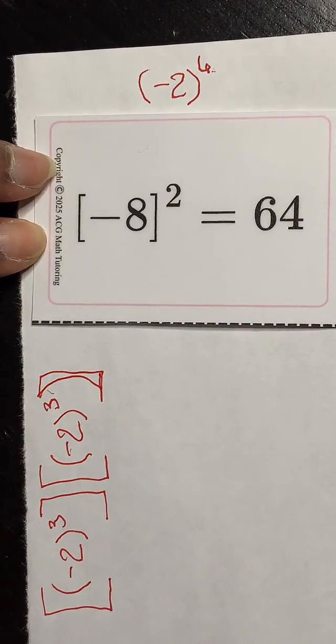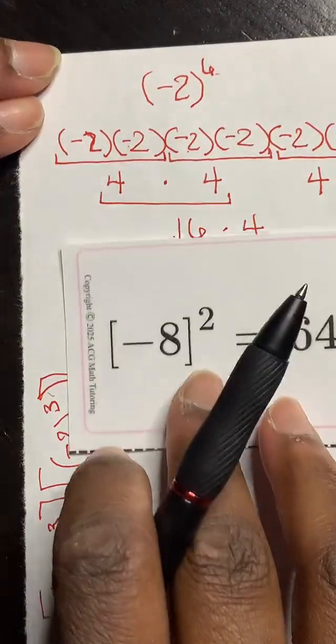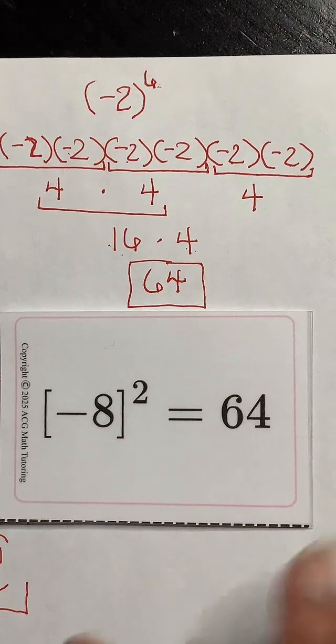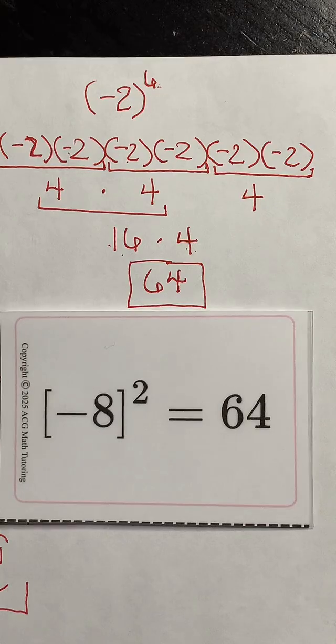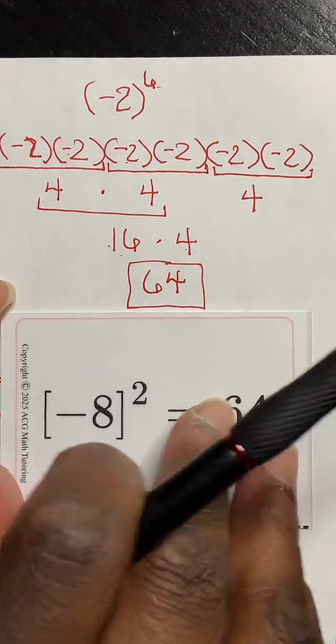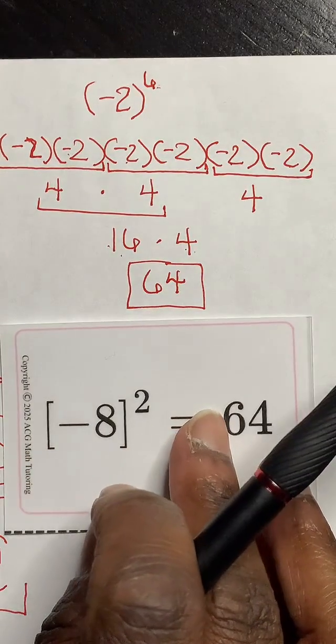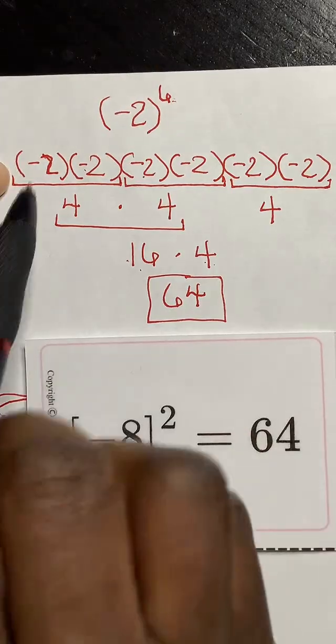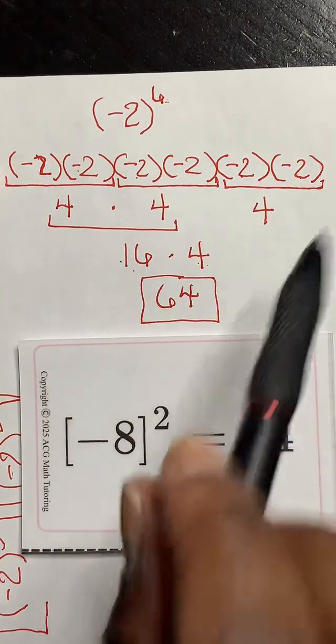Okay? So I really want to show you that there is more than one way of getting the same answer. So you have to pick which way you feel best with. Did you feel better with breaking it down step by step by multiplying the negative 2's?